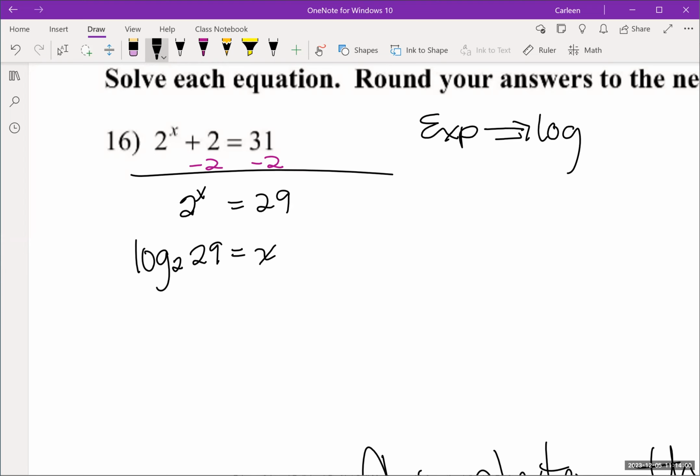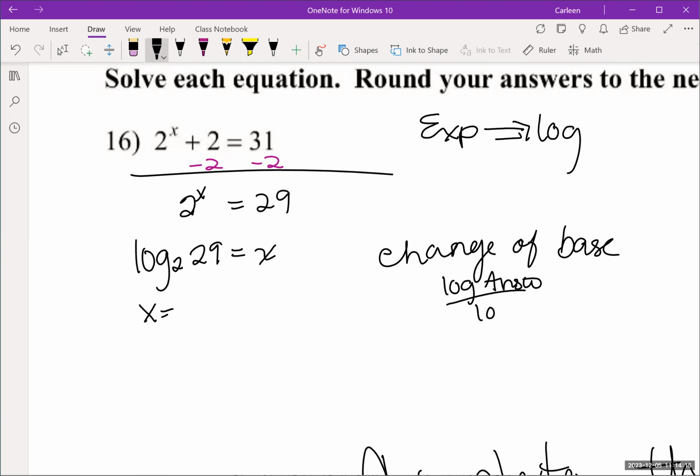Change of base. X equals log of the answer divided by log of the base. Log of the answer divided by log of the base.